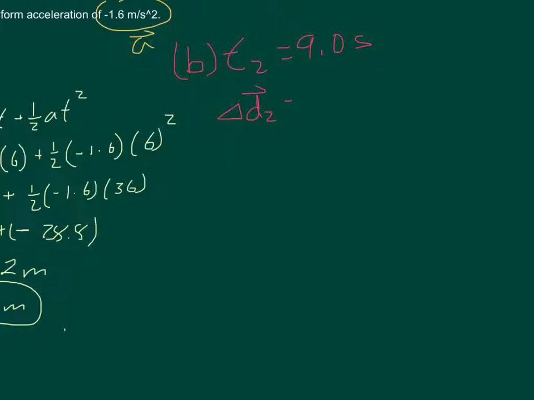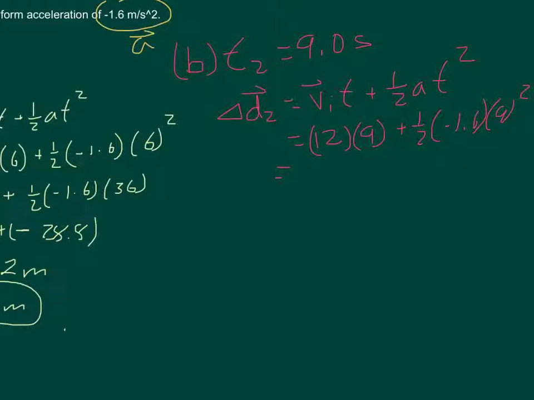So D2 is equal to velocity initial, VIT, plus 1/2 AT squared, in which, what was velocity initial again? 12. 12 times T, this time is 9, plus 1/2, negative 1.6, times 9 squared.